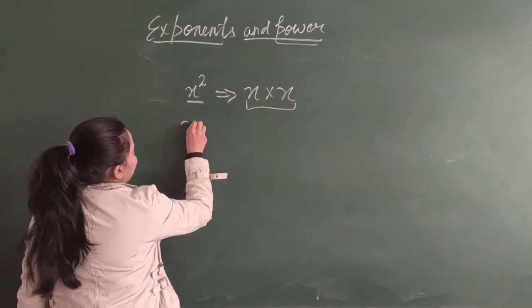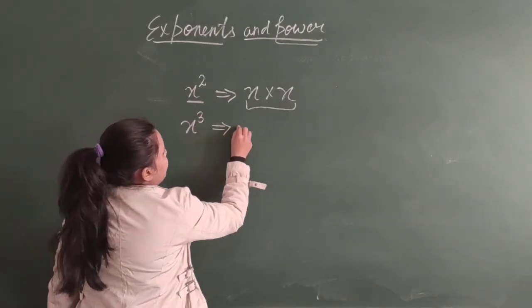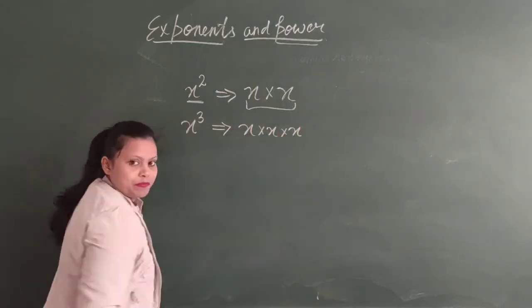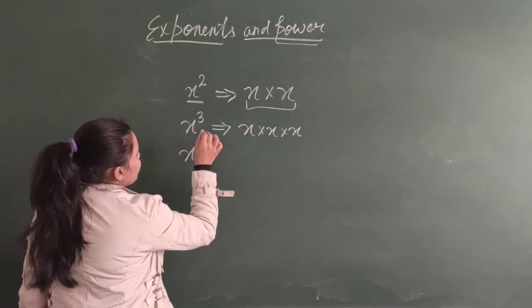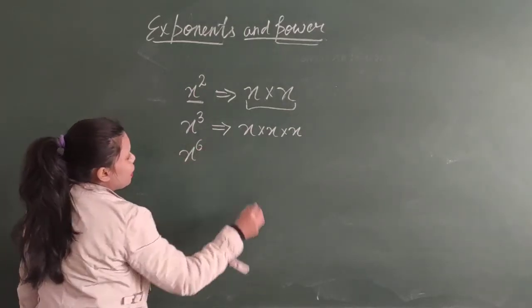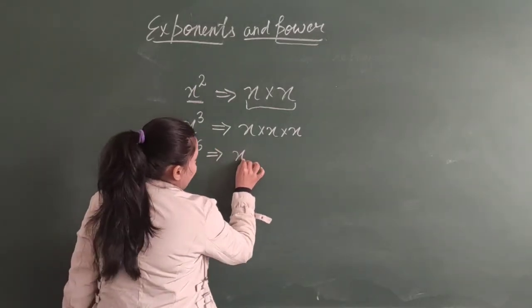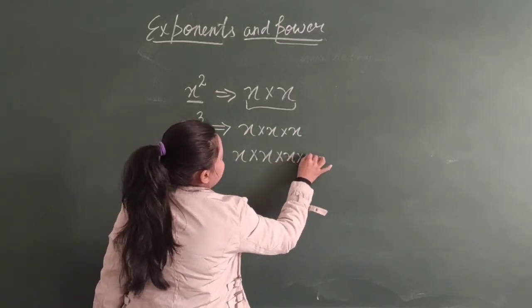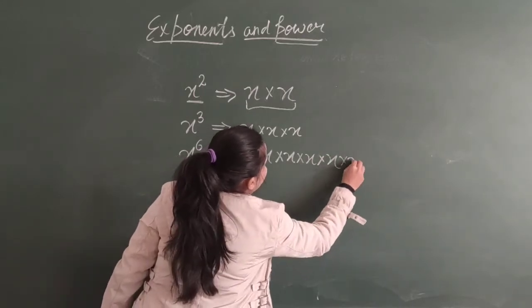If it is given x to the power 3, it means x will get multiplied 3 times. And so on. We can say x raised to the power 6 will be equal to x multiply x multiply x multiply x multiply x multiply x.